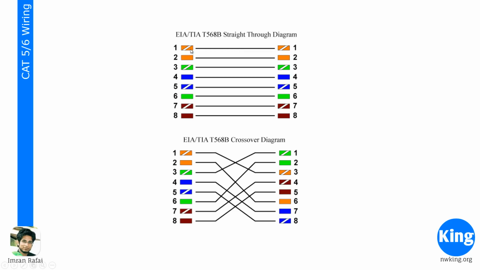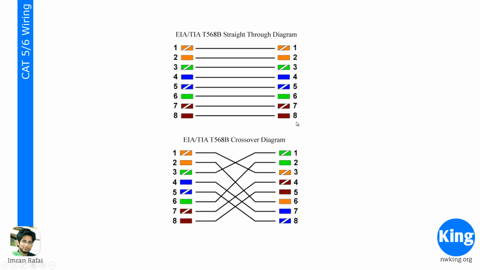Now you can put them in this format. So you have orange striped, then orange, then green striped, then blue, then blue striped, then green, then brown striped and brown. You put that on one side. And the same thing goes on the other side, the same combination.